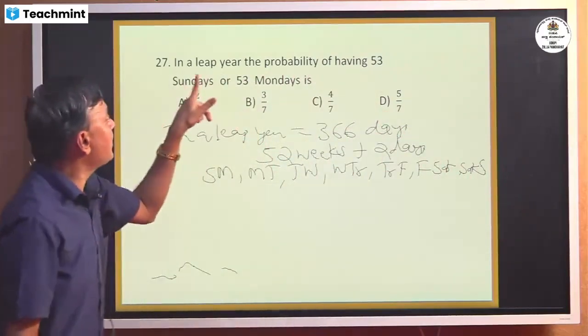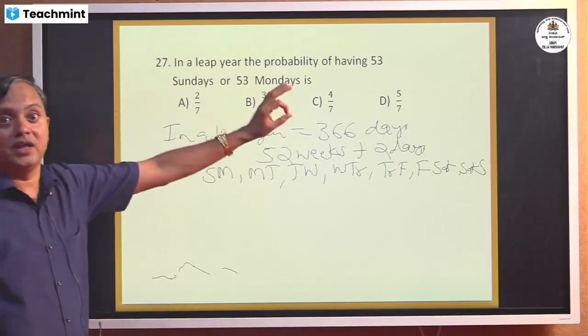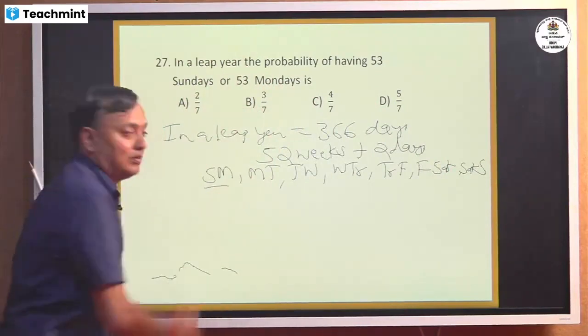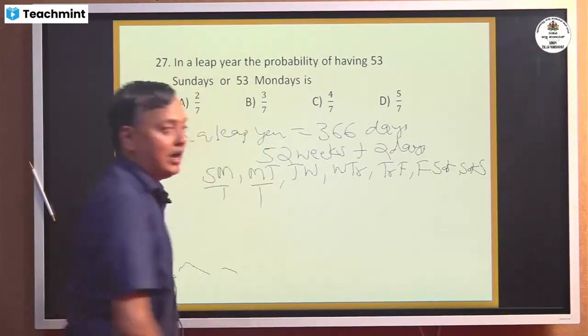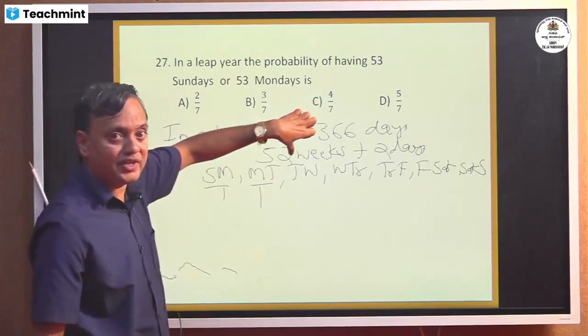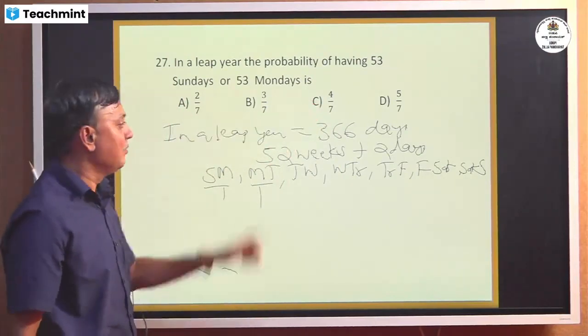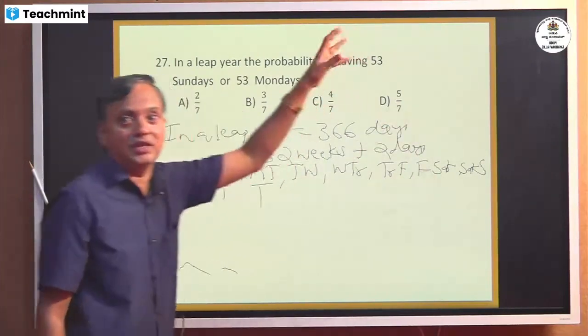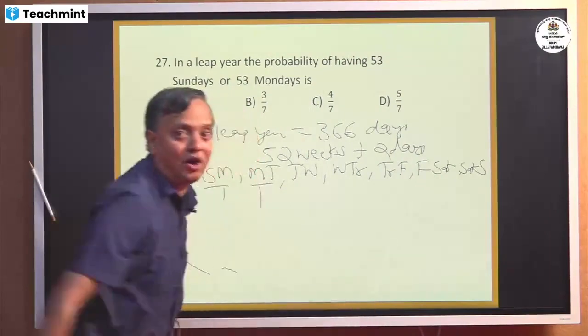So we want the probability of 53 Sundays or 53 Mondays. Look here, Sunday Monday is 1 outcome, Monday Tuesday is another outcome. Either we want Sunday or Monday. Here total 52 weeks means 52 Sundays, or we get 52 Mondays, plus one extra. We get 53 Sundays or 53 Mondays. So here total 7 outcomes.